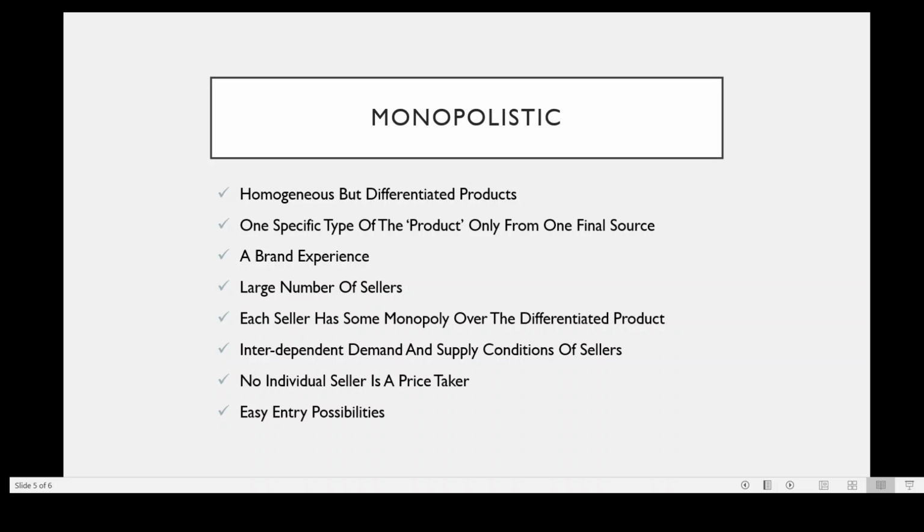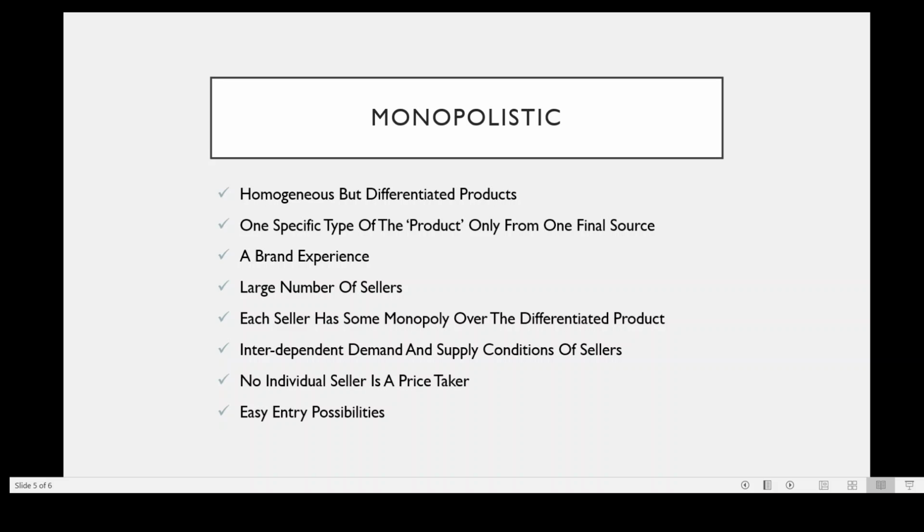Now, a variant is monopolistic competition, where the product may be homogeneous but differentiated. It may be identical, but it cannot be 100% homogeneous. There is some differentiation brought about. This differentiation in the product is making it possible for one product to come out of one final source.